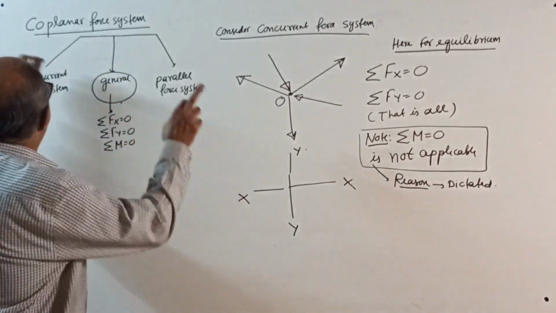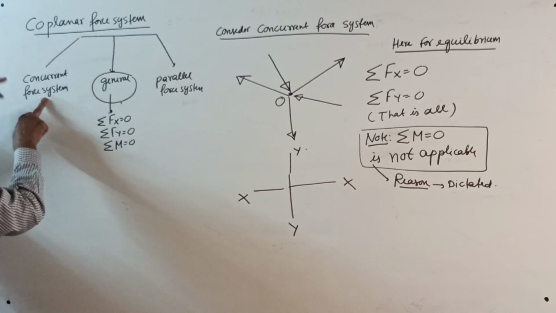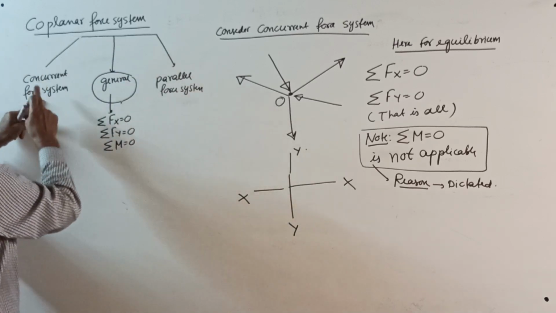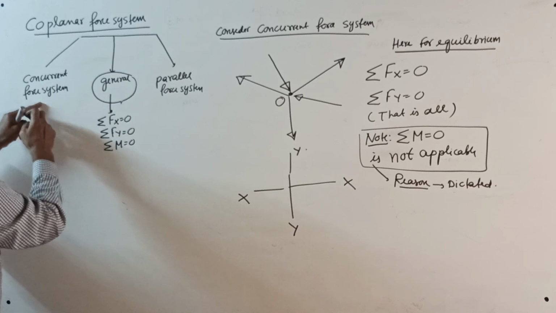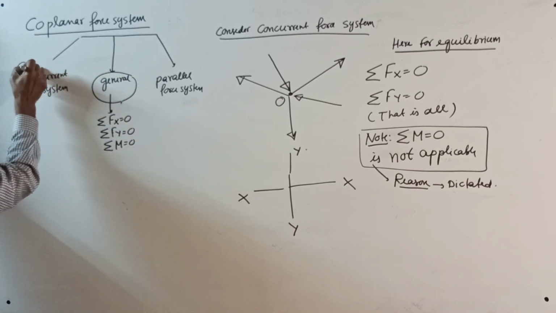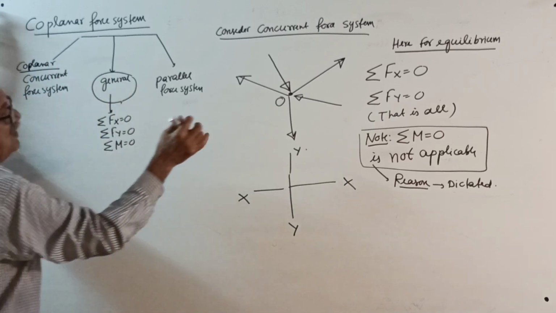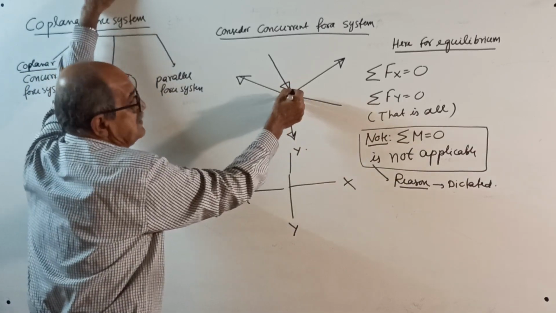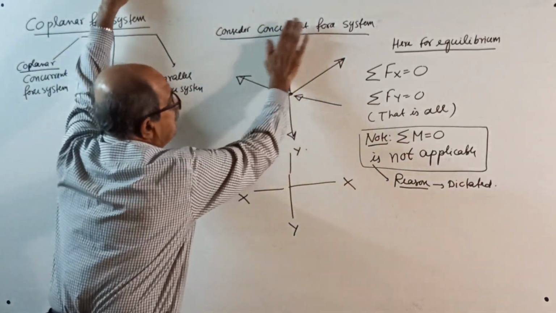Now, coplanar force system has three parts. One, concurrent force system: coplanar concurrent, remember. All forces are passing through one point, or a common point is there, even though it is in one plane.